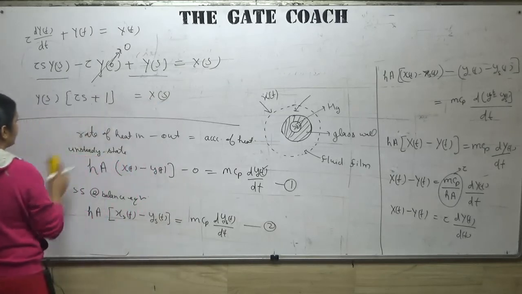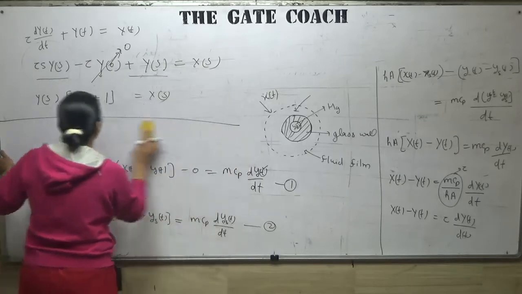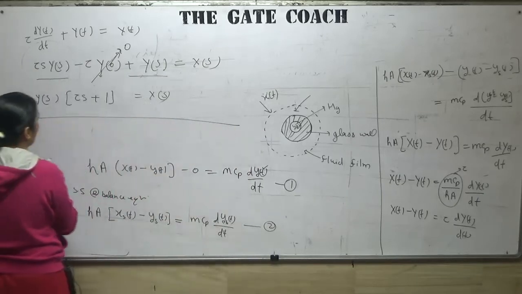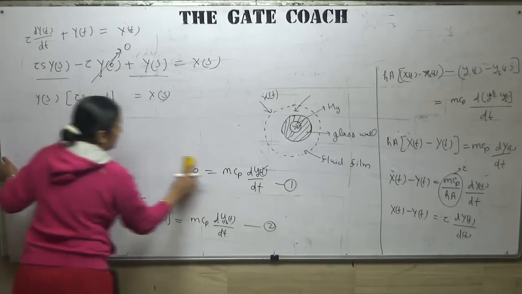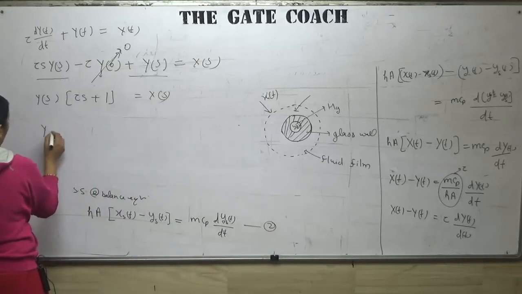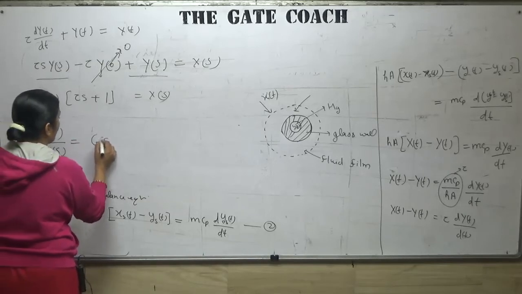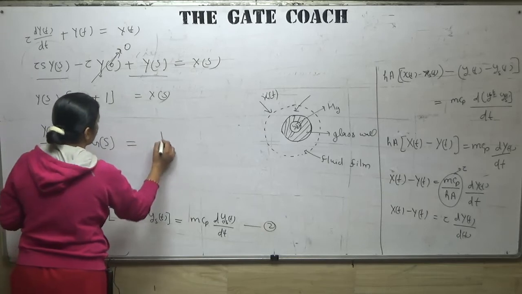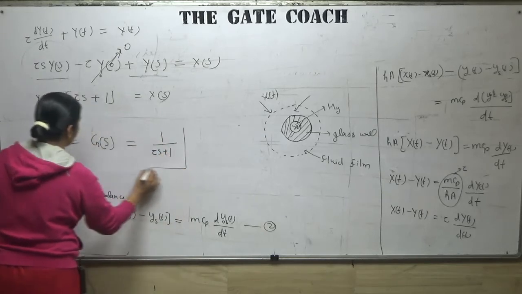And we have to write the transfer function. What is the transfer function? Transfer function is defined as the Laplace of output to the Laplace of input. Output here is y(t), input is x(t). So Y(s) upon X(s), which we have represented as G(s), is equal to 1 upon tau s plus 1.